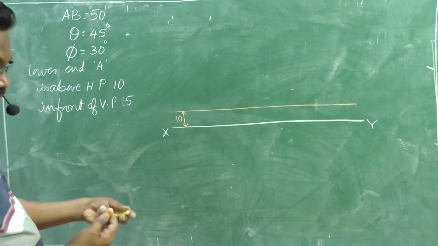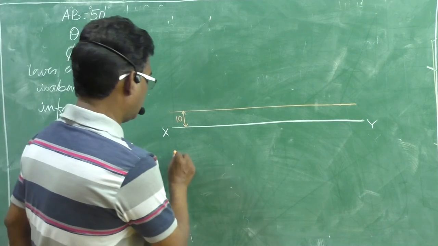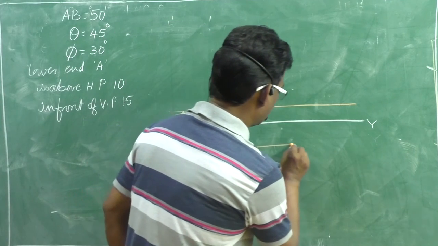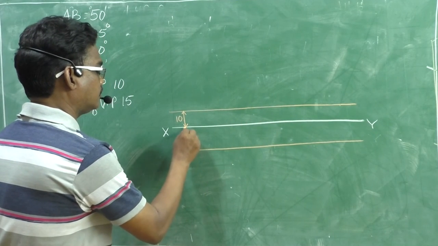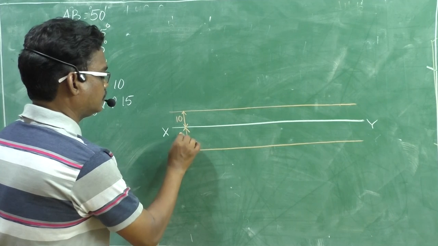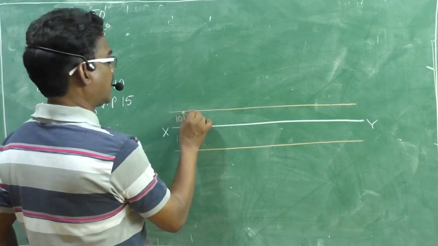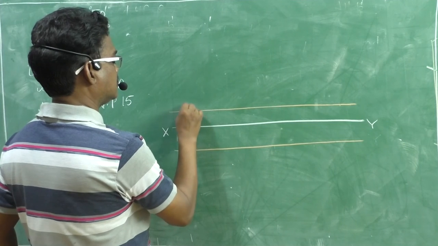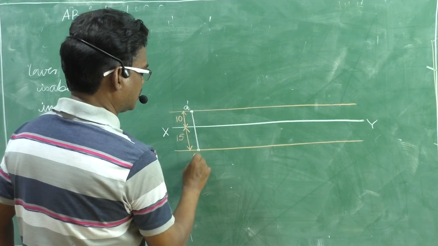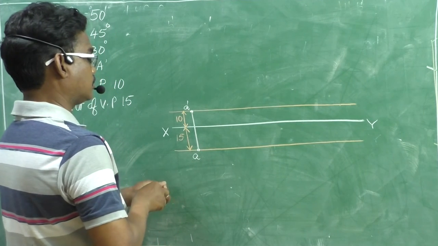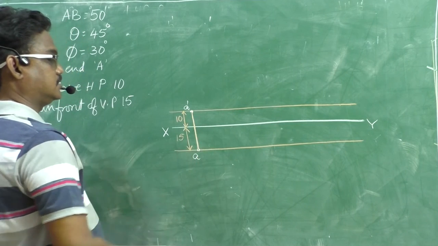The fixed point is in front of VP 15 mm. Therefore, you need to draw a horizontal line parallel to the XY reference line at a distance of 15 mm. Okay. Now, the position of the fixed point is, this is A dash and this is A. Okay. This is the projection line.